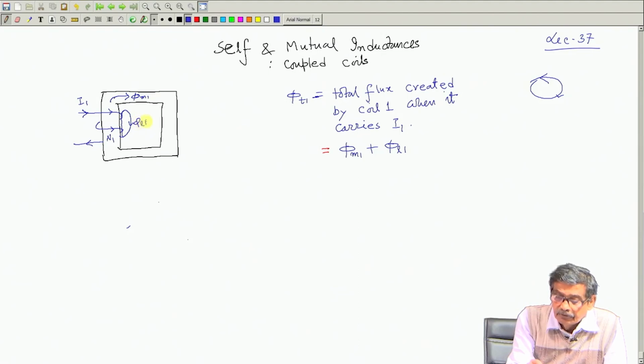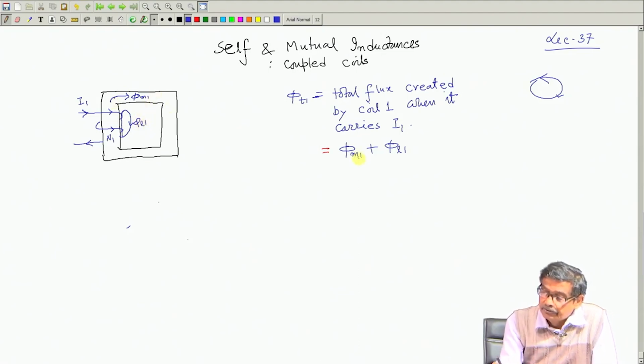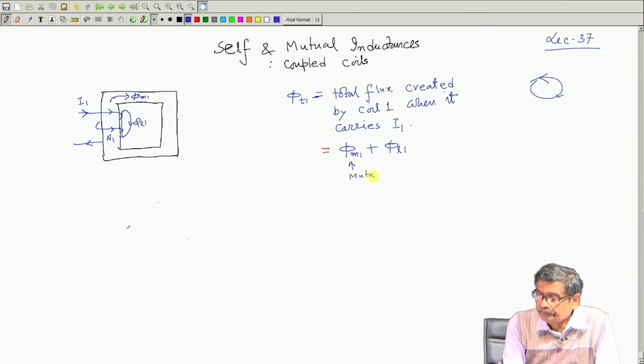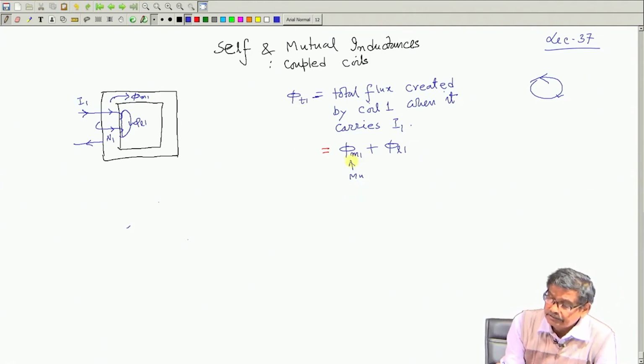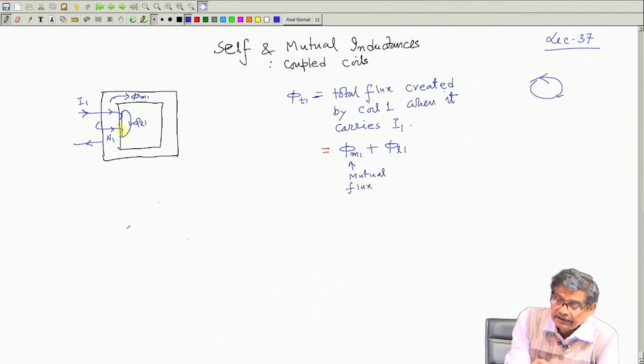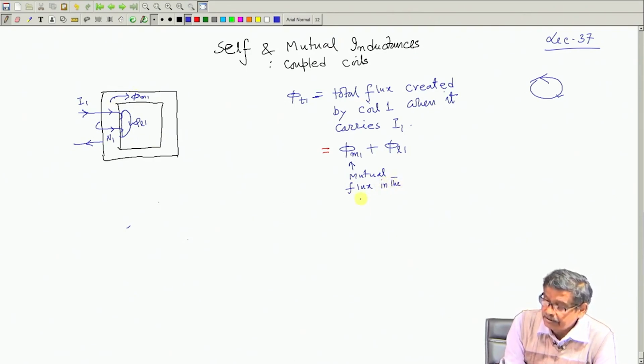It will not flow through the core as a mutual flux.